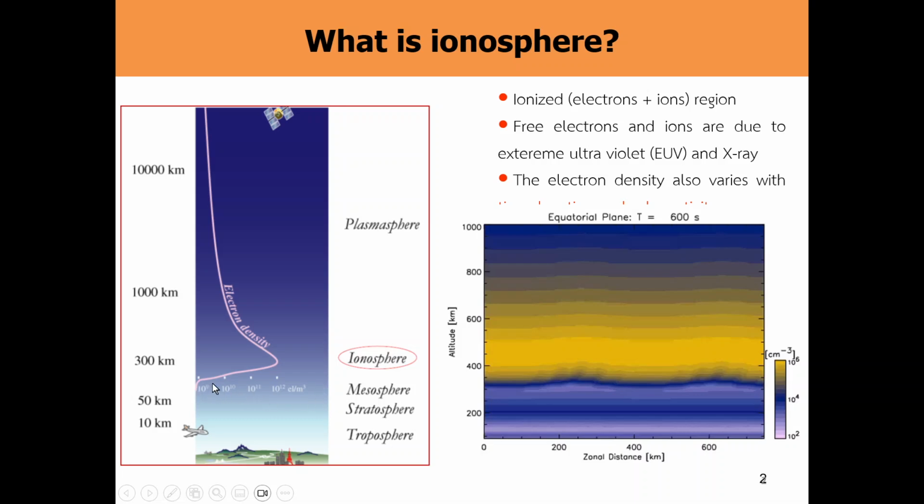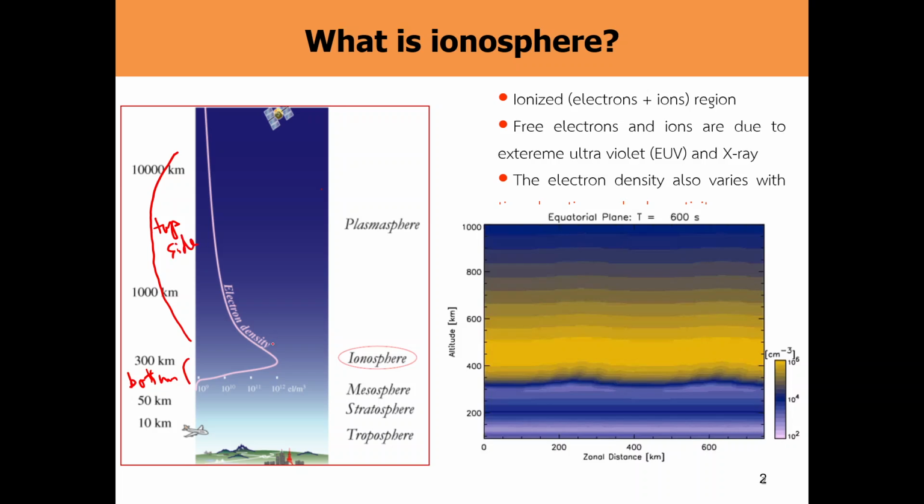They tend to increase slowly from the very low altitude of 50-60 kilometers, and then it starts to peak at 250-300 kilometers, and then it starts to slow down. So normally we call this part the bottom side, and the higher part we call the top side.